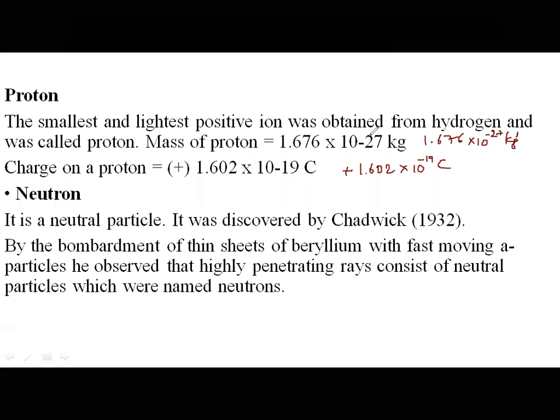Moving to the next one, the discovery of neutrons. How was the neutron discovered? See, this is a very big question. In 1879 the electron was discovered. Then around 1897, the proton was discovered. This was electron, this was proton.